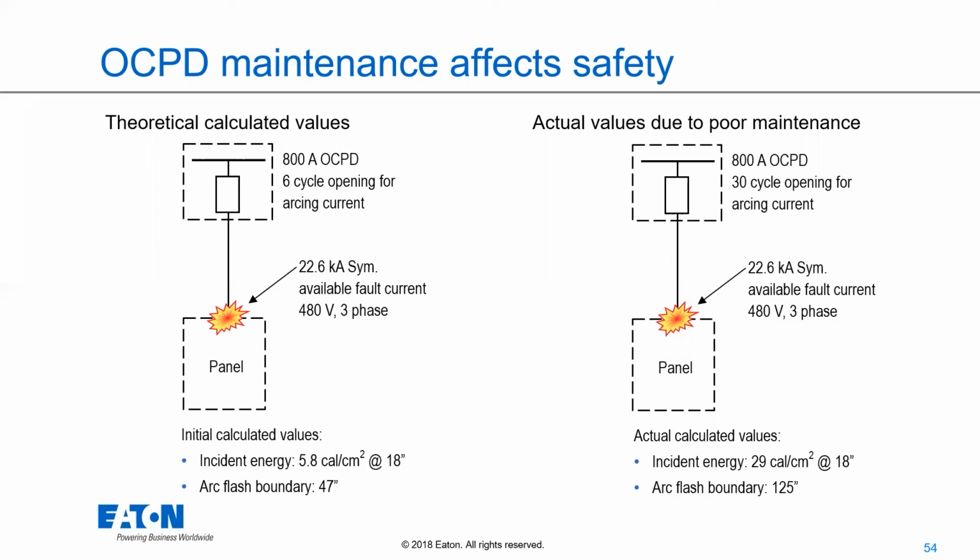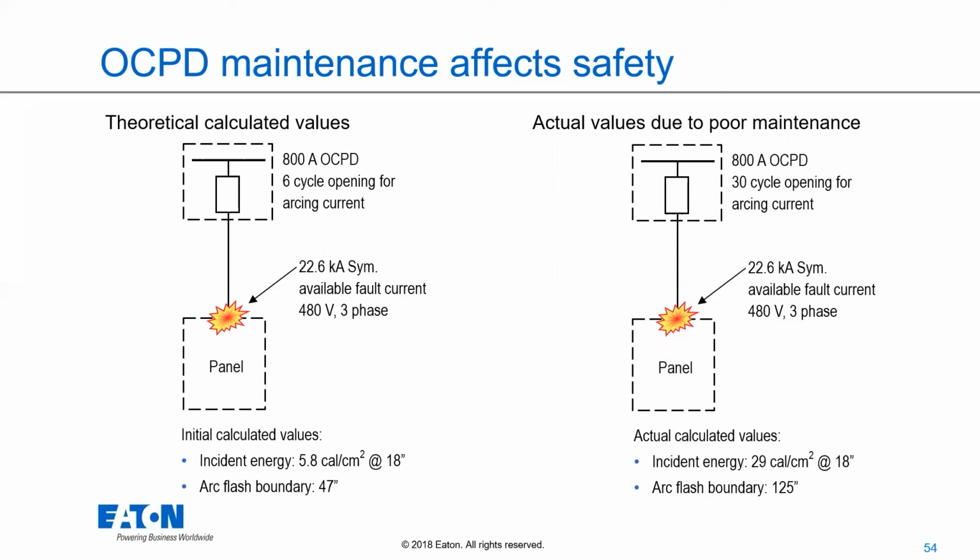It tells me my incident energy level, 5.8 calories per centimeter squared, and my arc flash boundary. When I go to work on this piece of equipment, I'm going to put on PPE that meets this level, go with that boundary, and assume that incident energy is correct. I'll put on whatever my 5.8 calorie PPE might be.